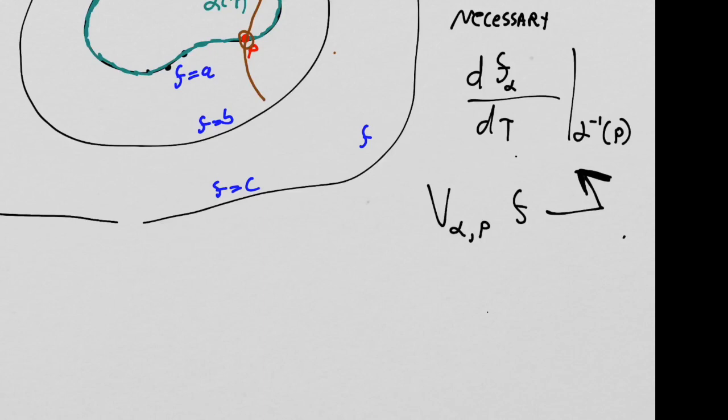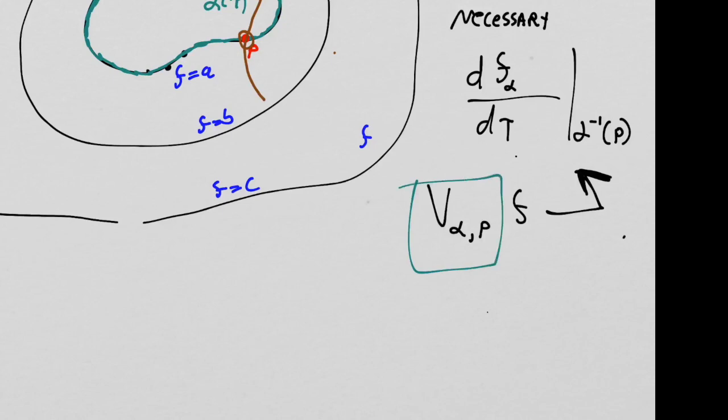That means the derivative of the function f along the curve alpha with respect to the independent variable that parameterizes the curve, evaluated at the value of the parameter tau that corresponds to the curve going through the point P. Phew. So that's what this thing is. That's what V alpha P means.